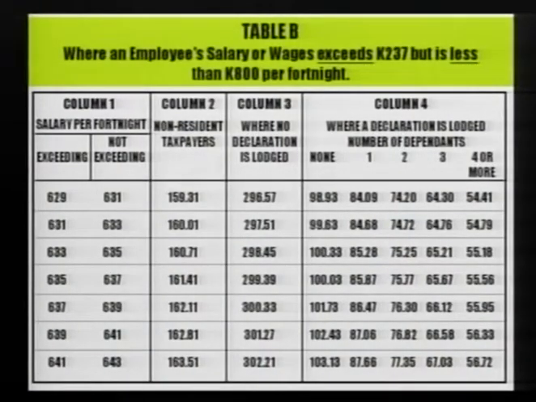I want you to have a look at the same person. If he earned 636 kina, if he didn't have any dependents, he'll be paying 100 kina, 3 toya. If he had one dependent, 85 kina, 87 toya. If he had 4 or more dependents, he only pays 55 kina, 56 toya. There's a lot of difference.